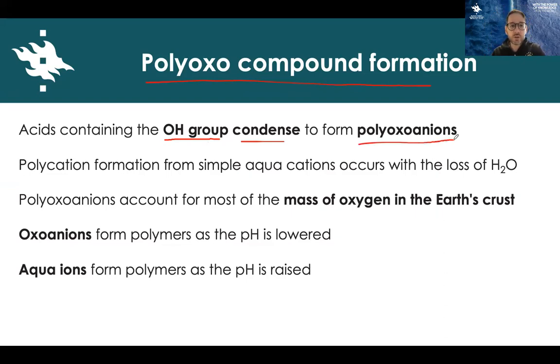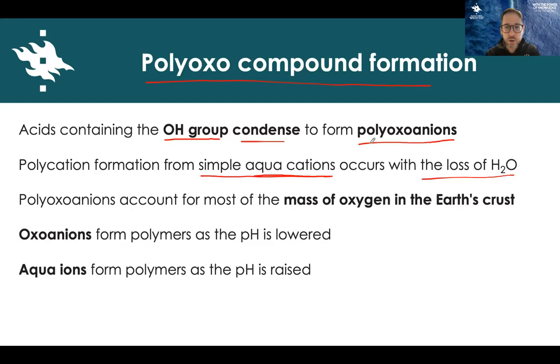A condensation reaction is simply a reaction in which water is eliminated, and we will see an example in the next slide. Polycation formation from simple aqua cations can also occur with the loss of water.